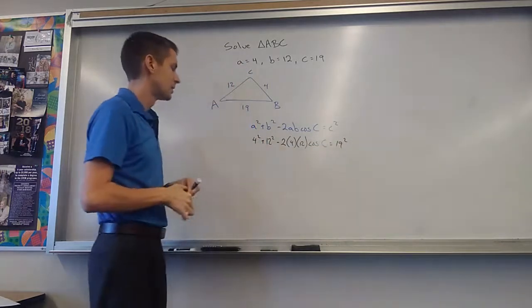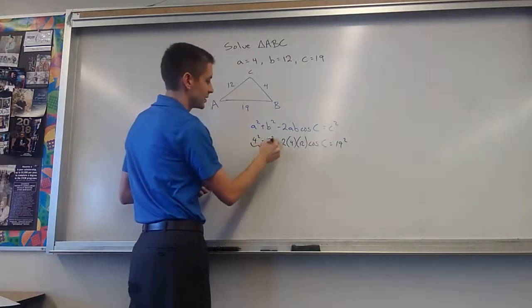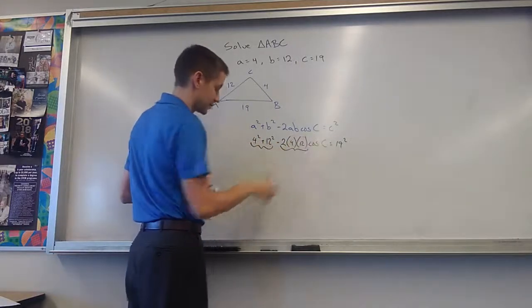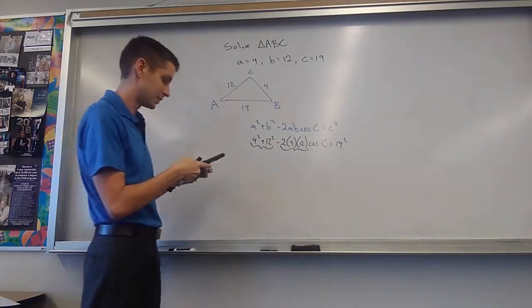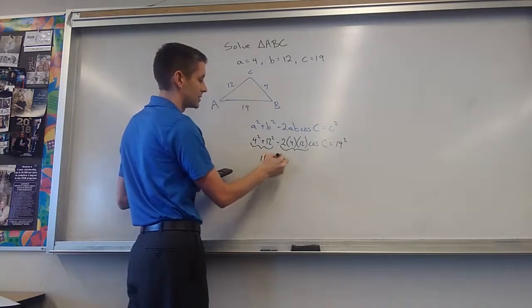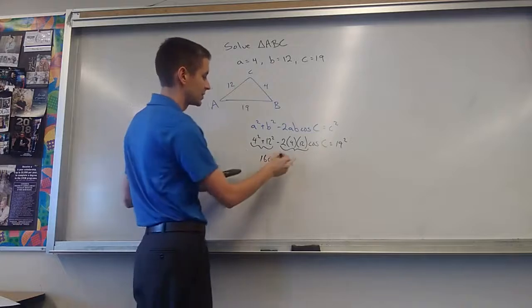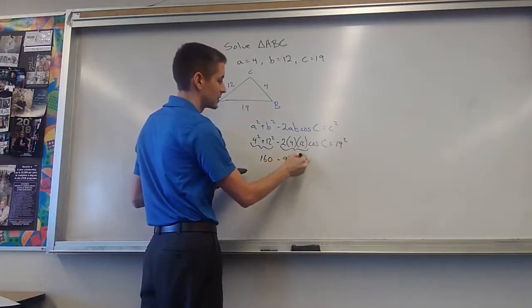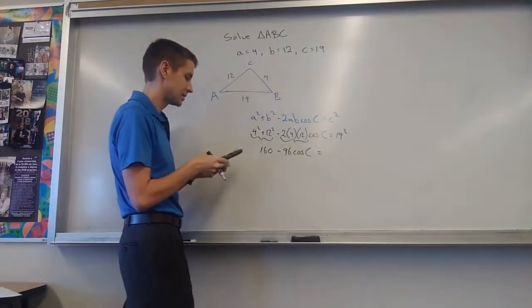And I'm going to start to solve this. I'm going to do this in pieces, so I'm going to take these first two together, these next three as a coefficient, and then I can go from there. So 4 squared plus 12 squared on this left side gives me 160, minus the 2 times 4 times 12, which gives me 96 for the cosine of C. And on the right side, 19 squared is 361.